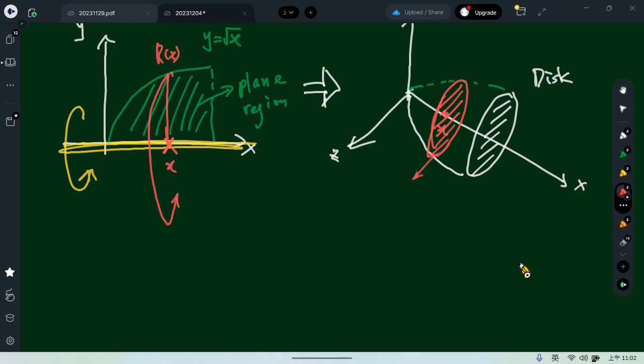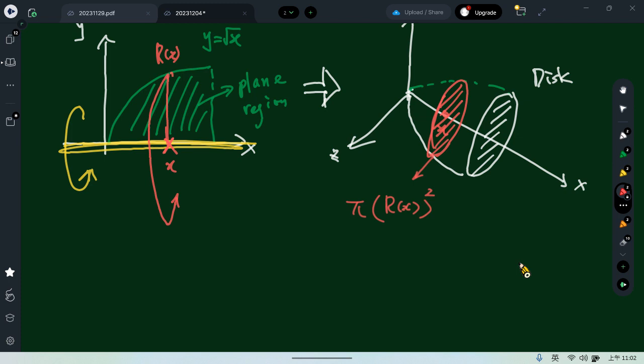Then the size will be R of x squared times pi, right? Because this radius will produce this circle. So it will be pi R of x squared. Then for each part, we just sum them together.